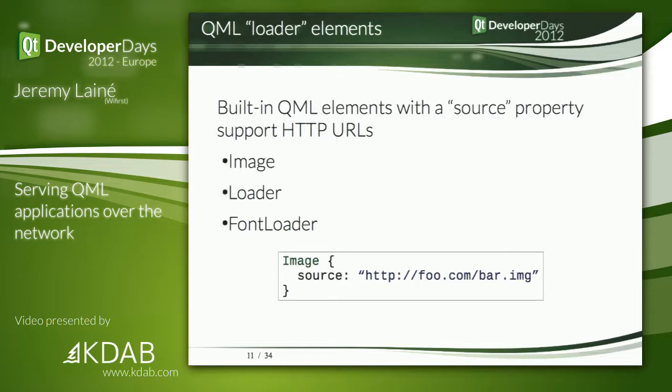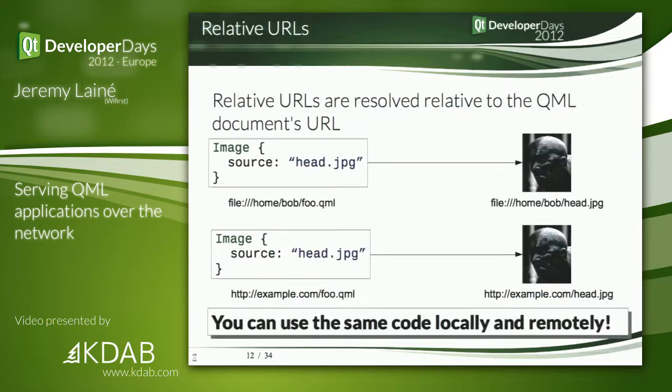Beyond the source property, what these elements have in common is that you have some sort of feedback because you have a status property which tells you whether the element is currently loading its resource, whether it has succeeded or whether it has failed. So this allows you to react to these events.